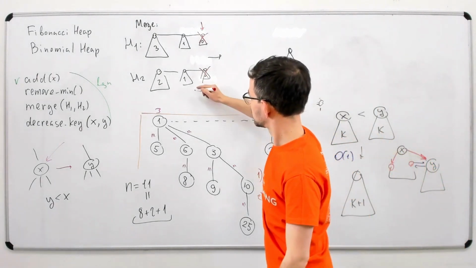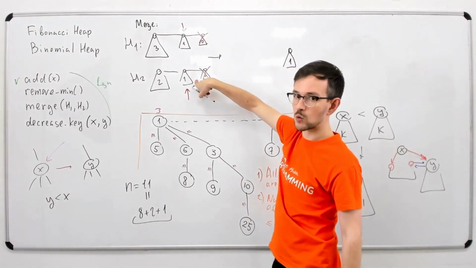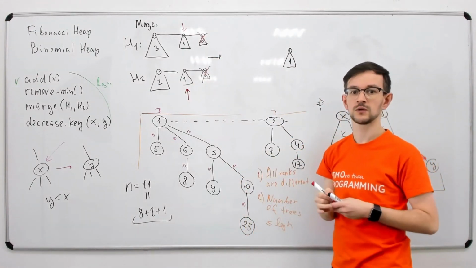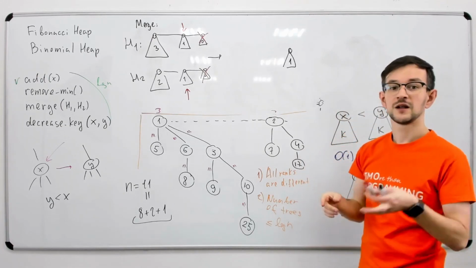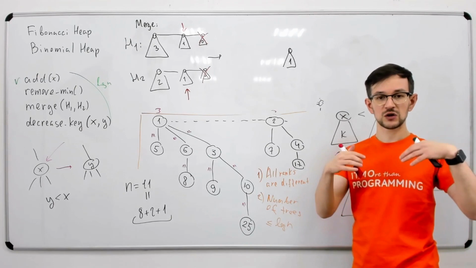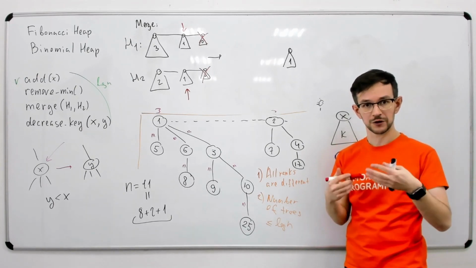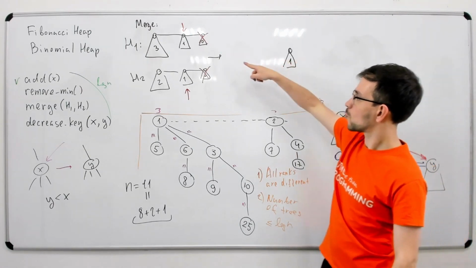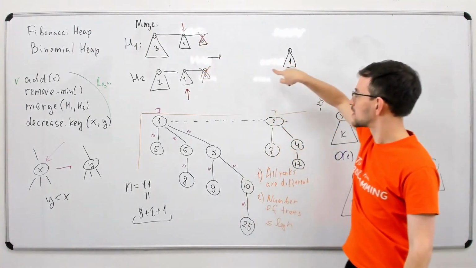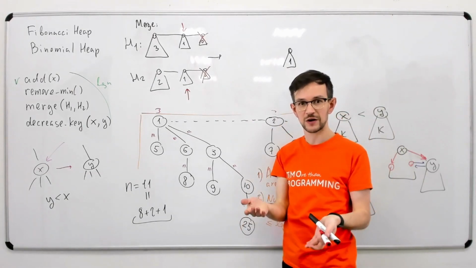Then we move to the next. Here we have a tree of rank 1, here we have a tree of rank 1. The interesting fact is that here we have another tree of rank 1. So we may have three trees of the same rank at some point.